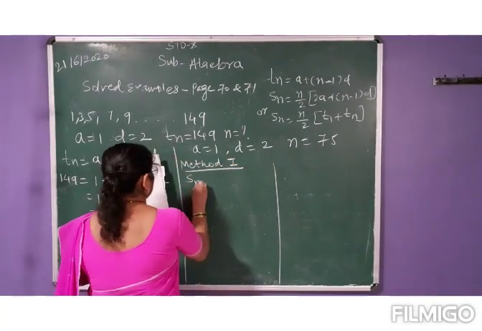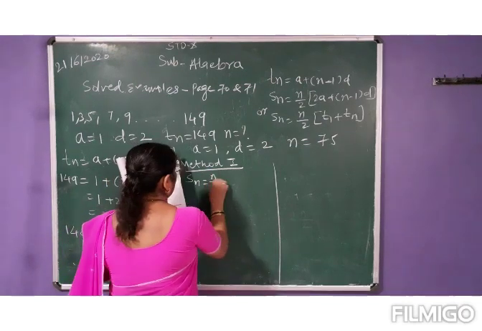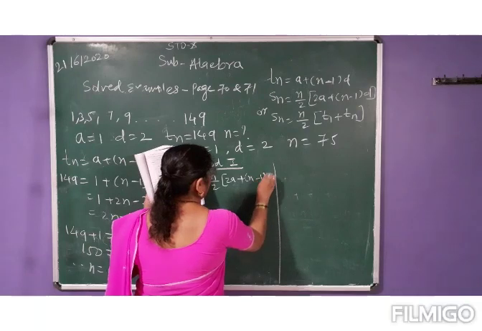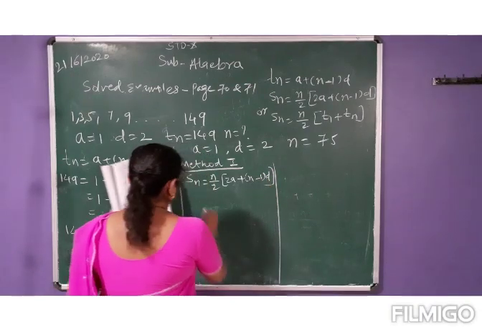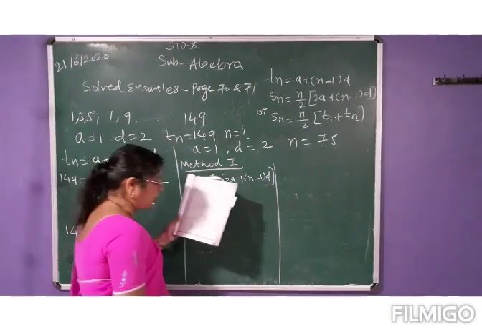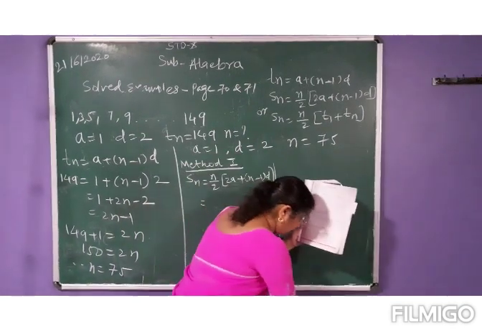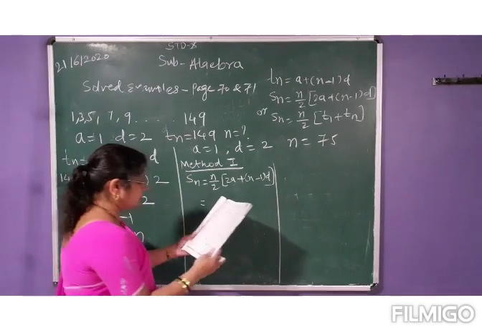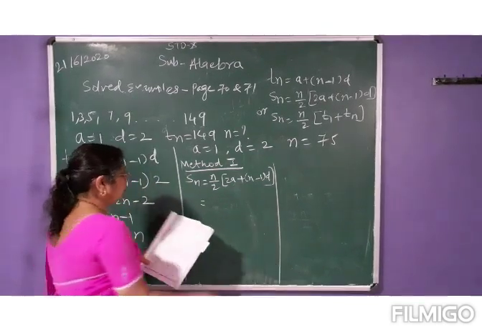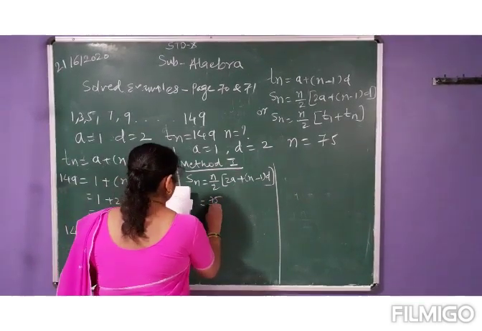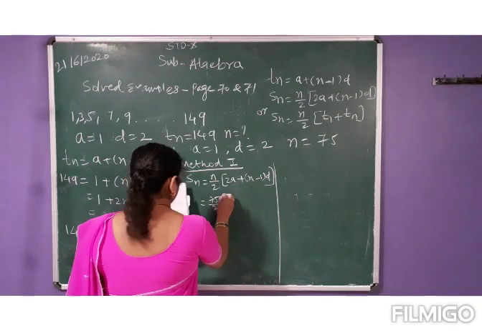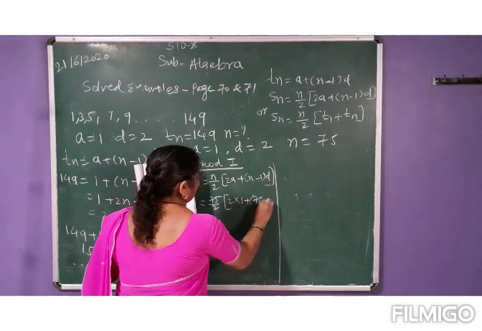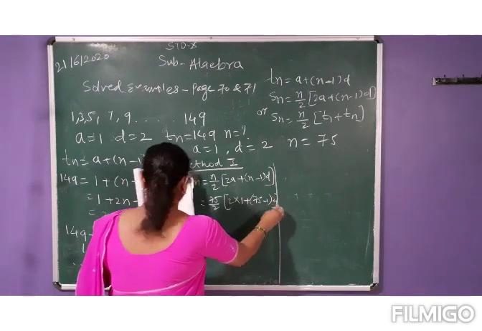In the first method, Sn is equal to n upon 2 into 2a plus n minus 1 into d is given. Then Sn is equal to, in the box it is mentioned. Okay, in the box you will write Sn is equal to n upon 2, n is your 75 upon 2, into 2 into 1 plus 75 minus 1 into 2.